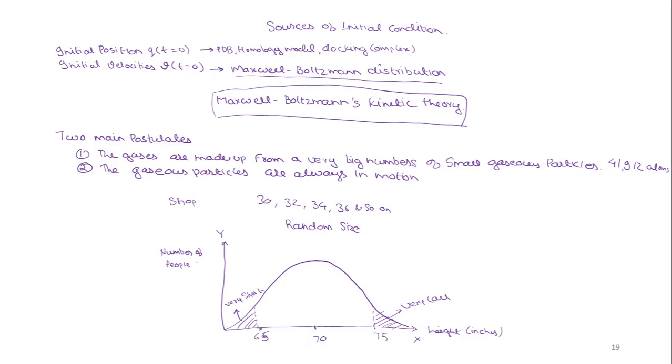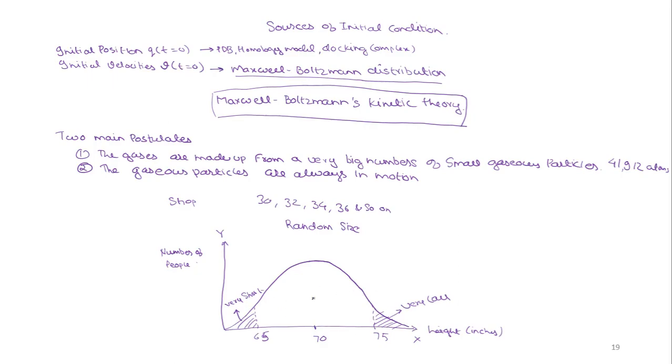So from such probability distribution data, you can figure out the odds that at any given time a customer approaches you and asks for jeans of a specific size.